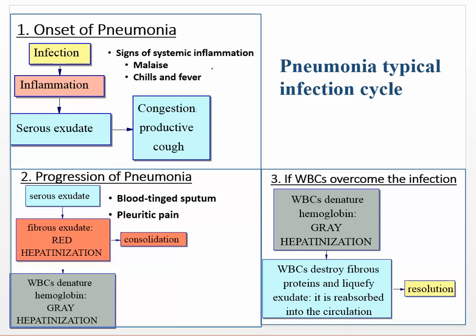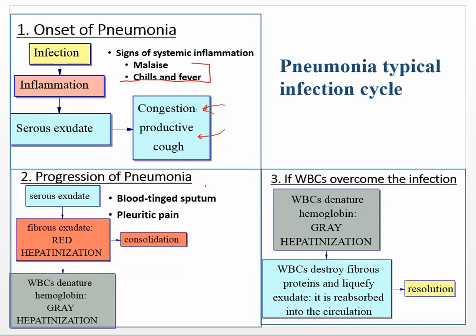You have a systemic inflammatory response, which is what these are. Okay, chills, especially fever. So infection, inflammation, and you're going to start producing serous exudate, because remember, this is pneumonia. We have fluid building up in the alveoli, which is going to cause some feelings of congestion, and a productive cough because of that fluid, and you can cough that out, hopefully.